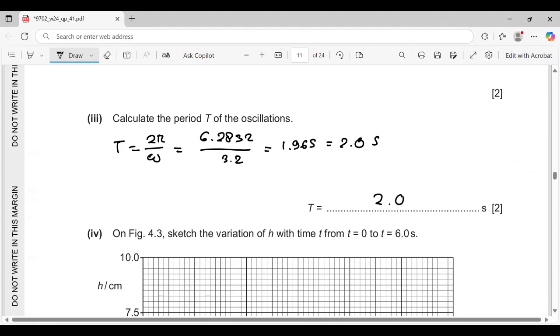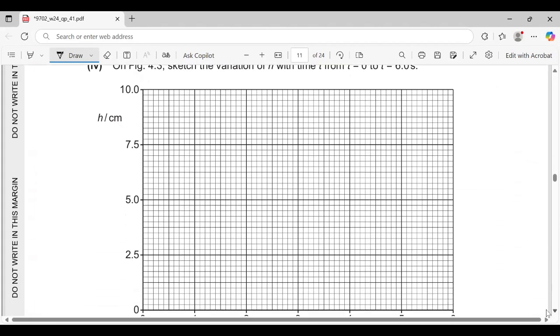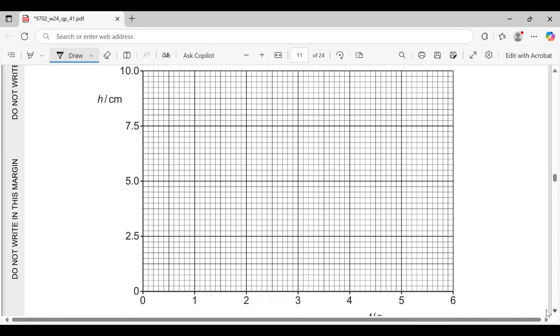On figure 4.3, sketch the variation of h with time t from t equals 0 to t equals 6 seconds. We are going to start from the minimum point when t equals 0.